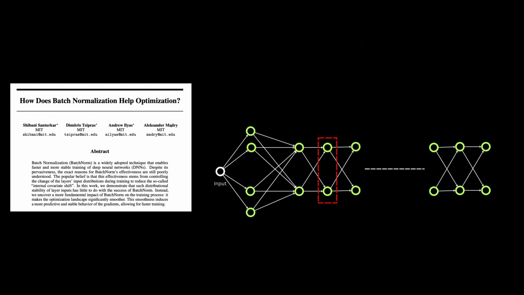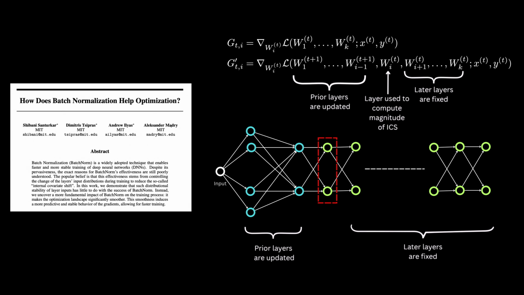Using the loss and current parameters, we'll get the gradients for this layer. Then based on the computed gradient, update all layers prior to the one that we are observing. So the layers later in the network are fixed. And now using the same input and output, compute the gradient for this layer again.